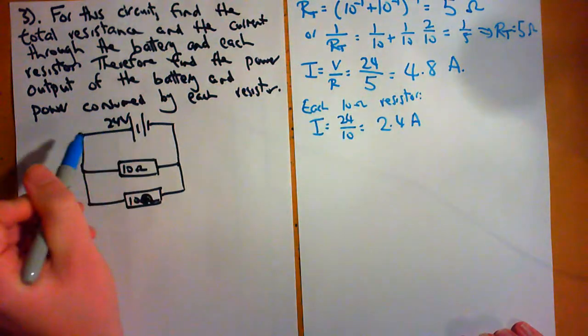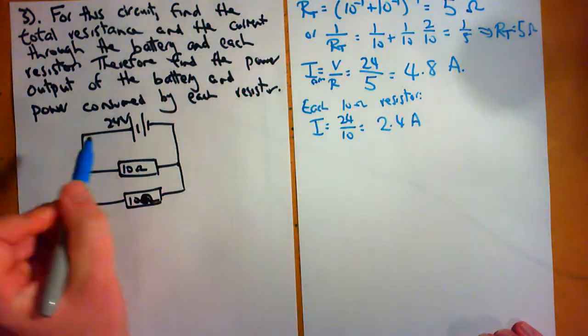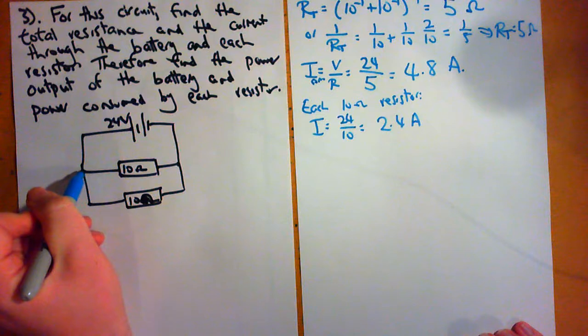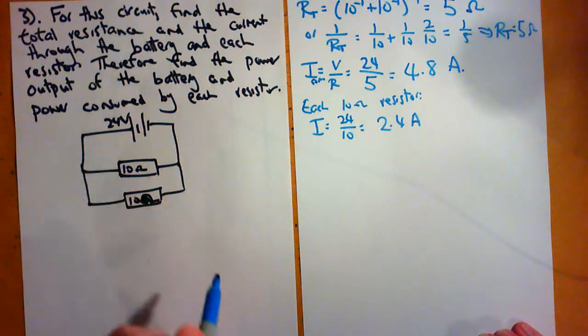So through the common part of the circuit, we have 4.8 amps, which splits up here. So we've got 2.4 going along this way and 2.4 round the bottom part of the circuit. And then it all joins up at that part of the circuit again. So we've got our current through each resistor.